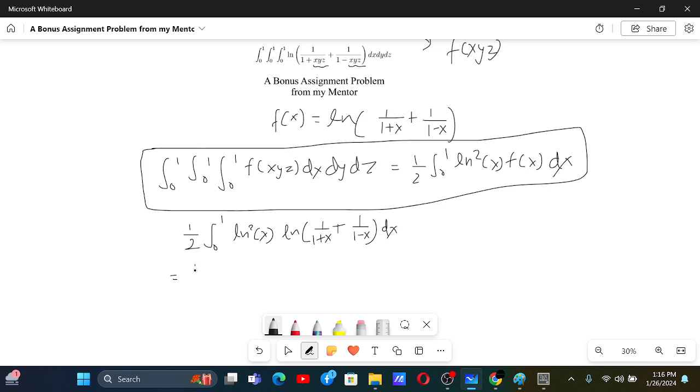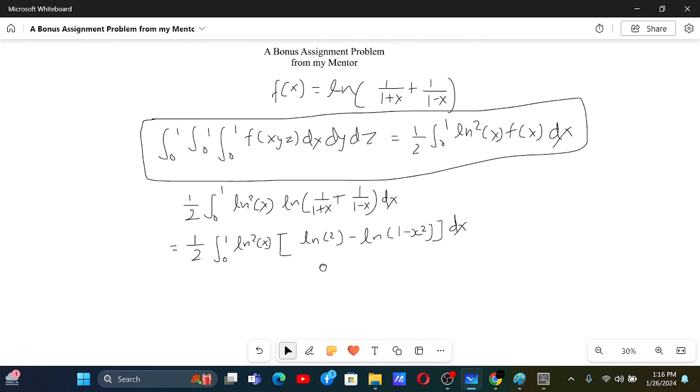Now 1 by 2 integral from 0 to 1, this is ln square x, and then this one will be ln 2 minus ln of 1 minus x square. Yeah, this is the case over here.